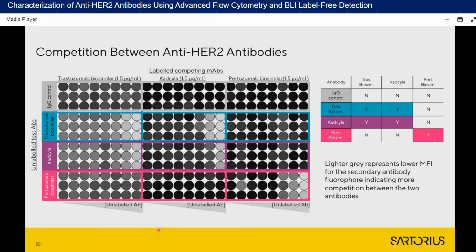And what we saw was as we expected. So there was competition between the trastuzumab and the Kadcyla, and obviously as they bind to the same epitope, that's what we expected to see. But there was no competition between those trastuzumab-based antibodies and the pertuzumab, since it binds to a different epitope, and obviously that highlights why it can be used as a combination therapy, for example, with trastuzumab.